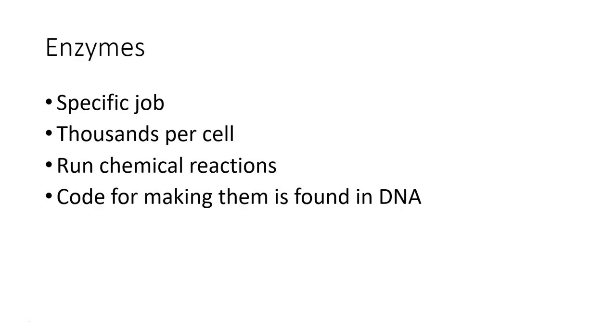That's why when you're an organism, you have so much DNA, because you have to have the code in your DNA for making all the enzymes that you need to run all the chemistry in your cells. Of course, we're going to cover this when we cover the genetic section in the course.